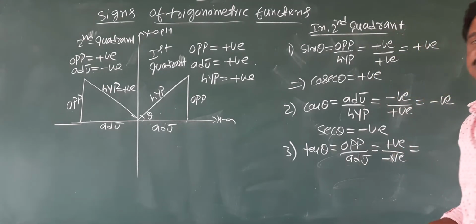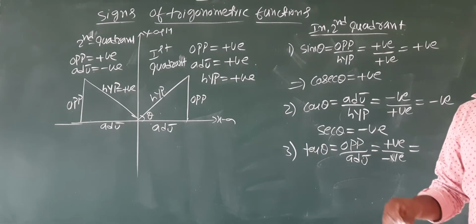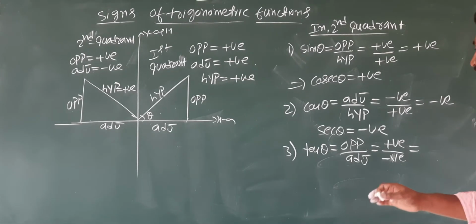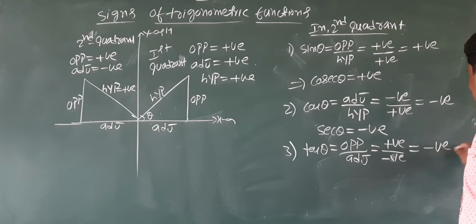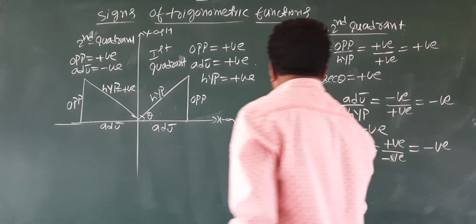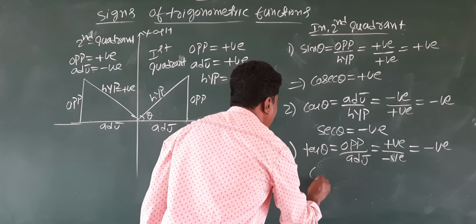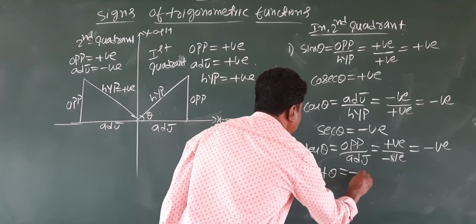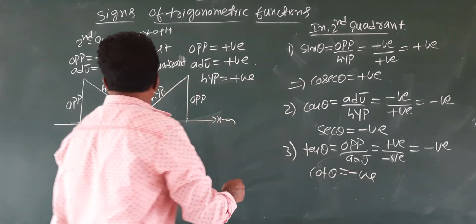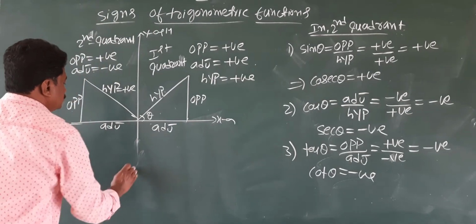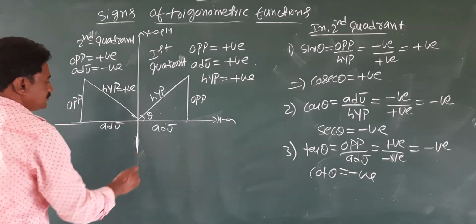Plus by minus, minus by plus, one and the same. It should be negative. So tan theta is negative. What is the reciprocal of tan? Cot theta is also negative. From this it is so clear.